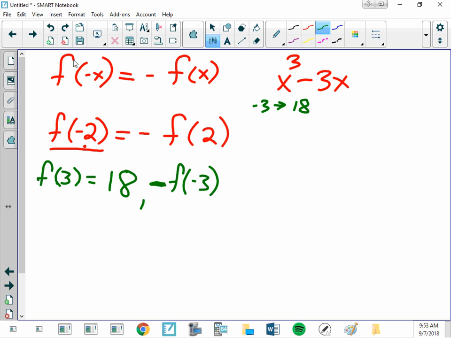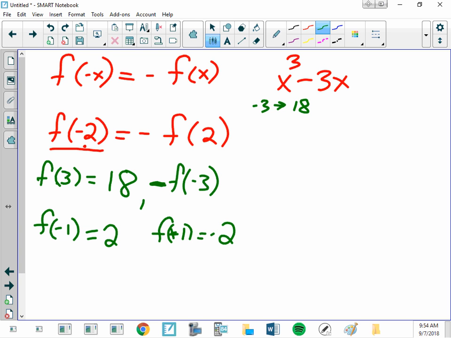Okay? All right, so what about f of negative 1? What do I get when I plug in f of negative 1? Well, negative 1 to the third is negative 1, plus 3 is 2. When I plug in positive 1, 1 to the third is 1, minus 3 is negative 2. Did it work?